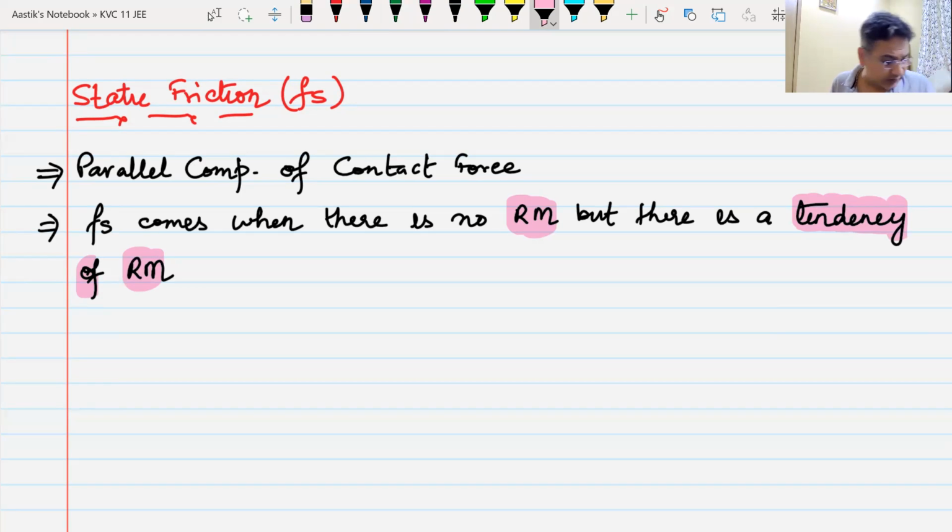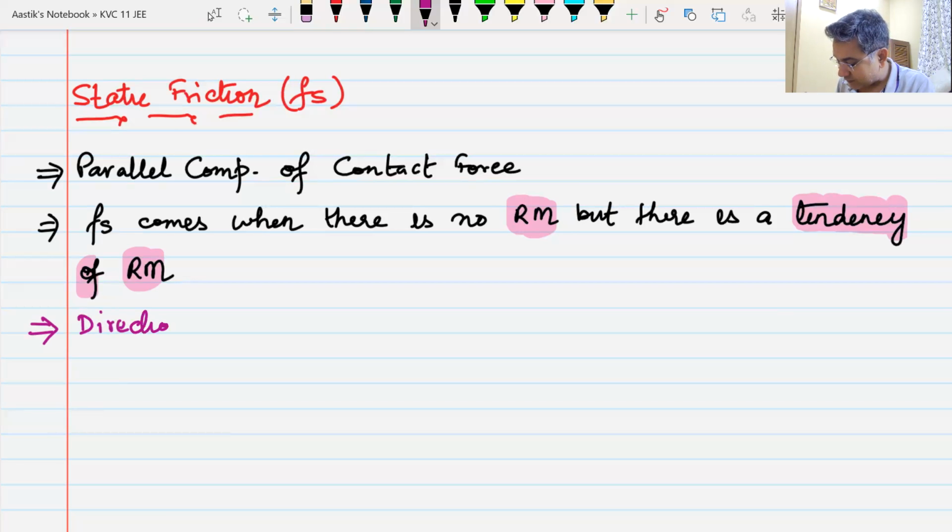Now remember, friction is a force, and whenever we talk about any force or any vector, there are two things that we must consider. What are the two things? Magnitude and direction. I first consider direction because in vector, direction is more important.